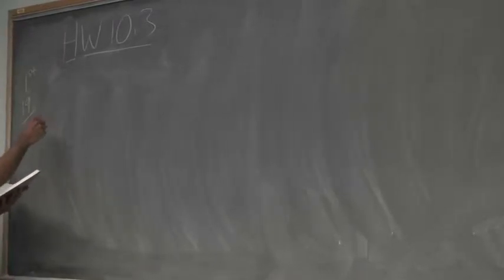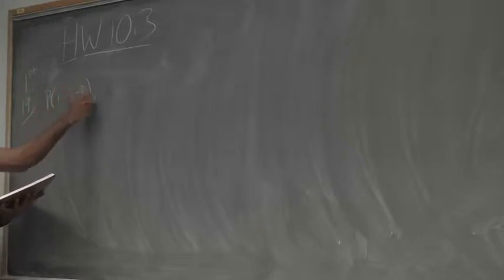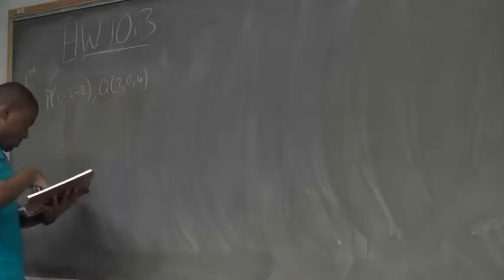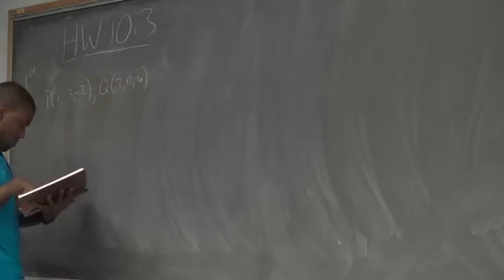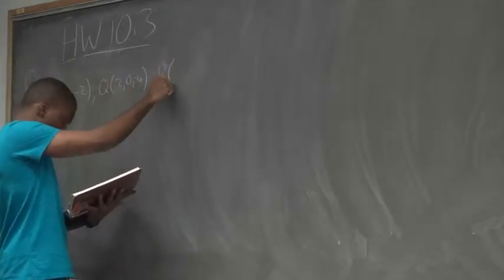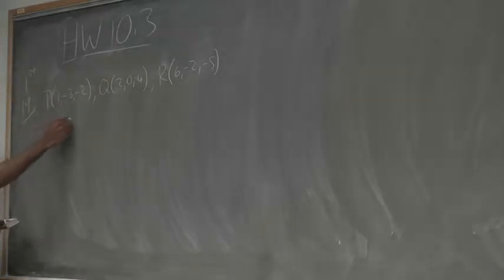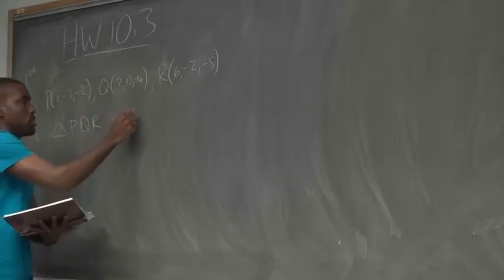They gave us 3 points and asked us to decide whether the triangle formed by connecting these points is a right-angled triangle. We're given point P, which is (1, -3, -2), Q, which is (2, 0, -4), and R, which is (6, -2, -5). And the question is: is triangle PQR a right triangle? Is there a right angle?